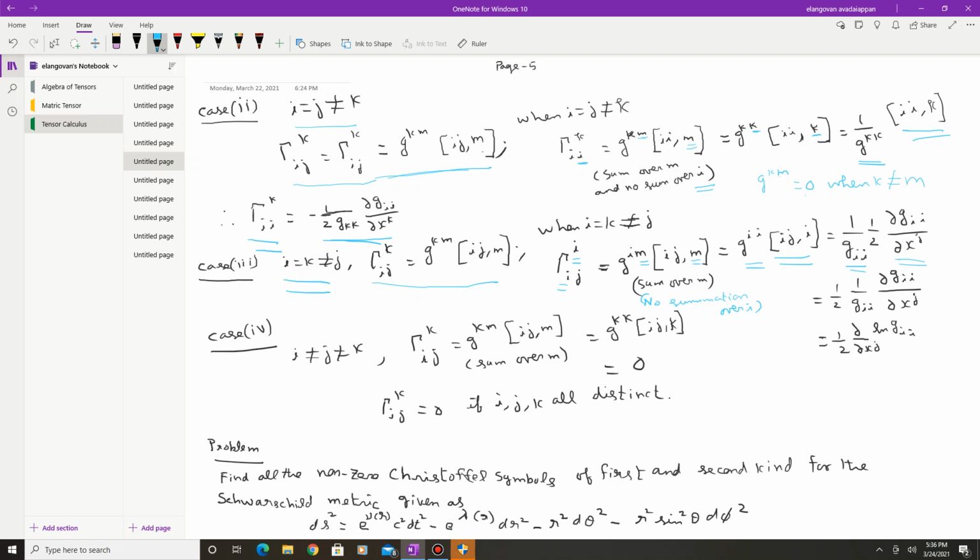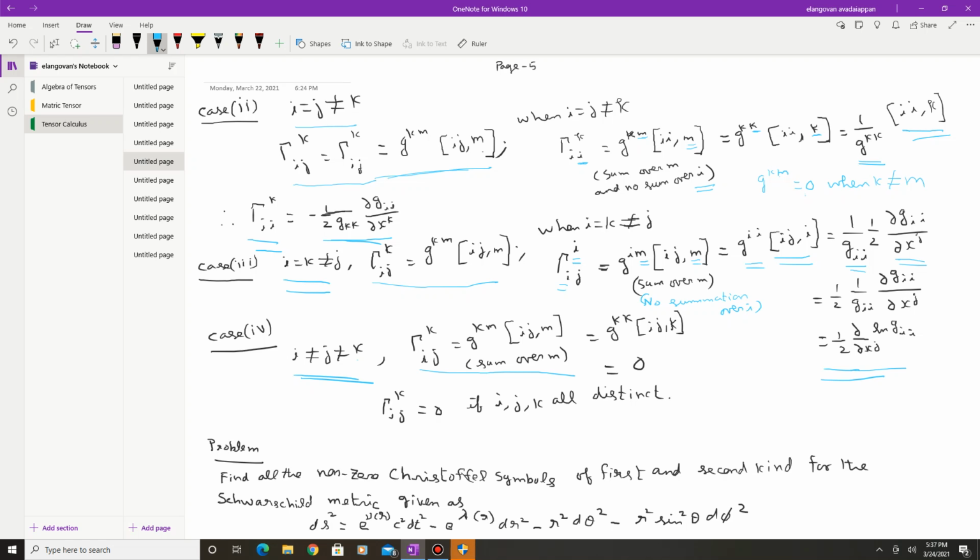Now let us consider case 4. All are different: I, j, k are different. According to the definition, this is the expression. You have to perform the summation over m, and when m is equal to k, g kk times I j comma k.